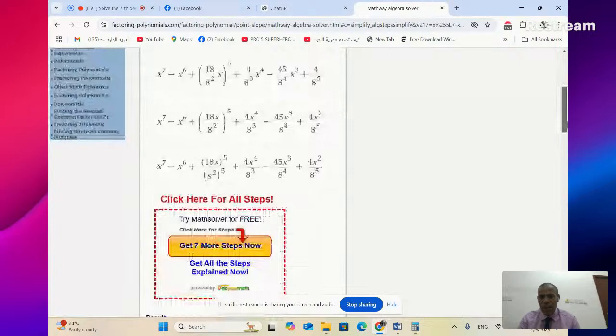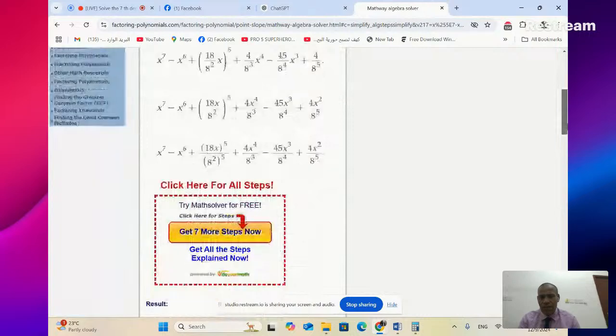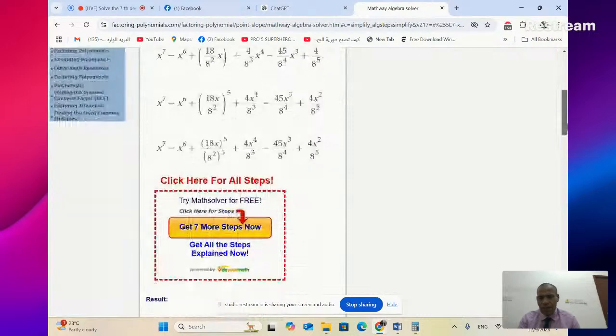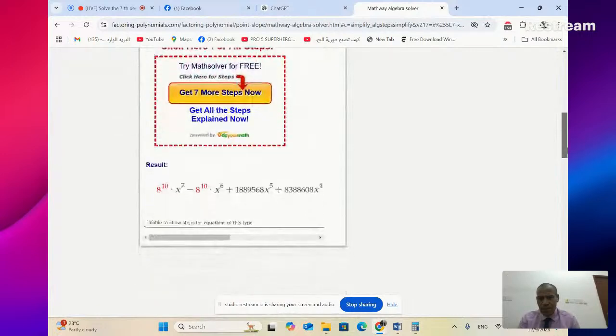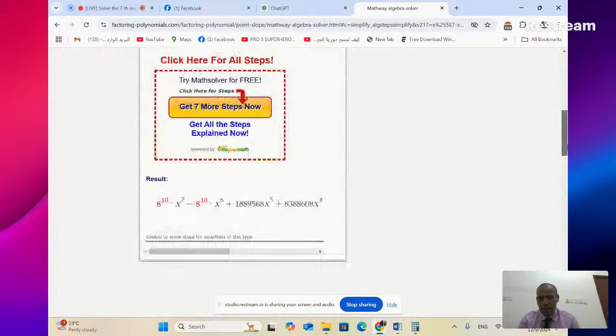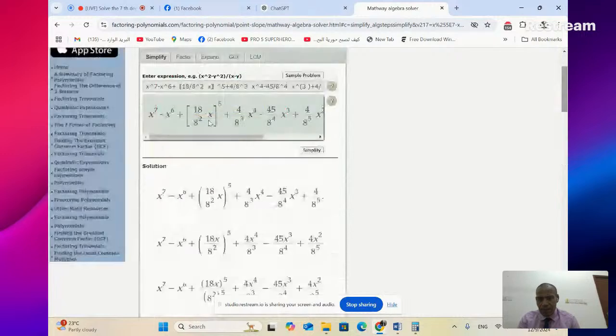Click here for this. Let's just start. It did nothing before, but we change it to the property. This is x raised to the power 5. From the beginning I will change this one.